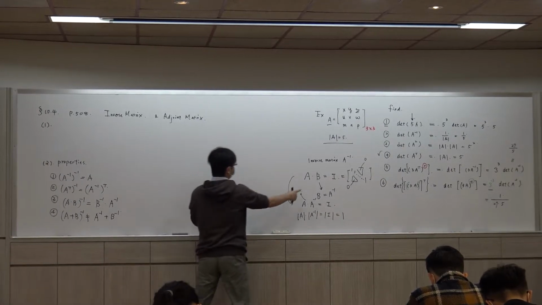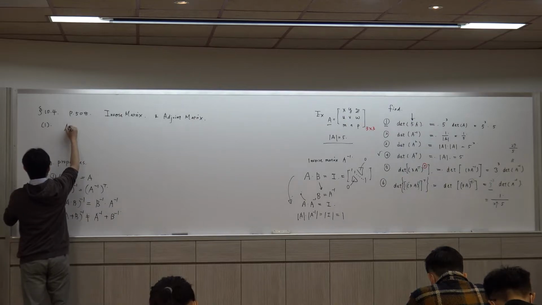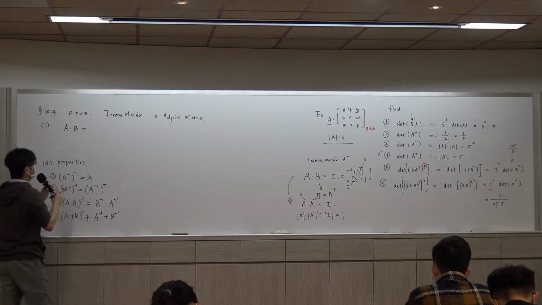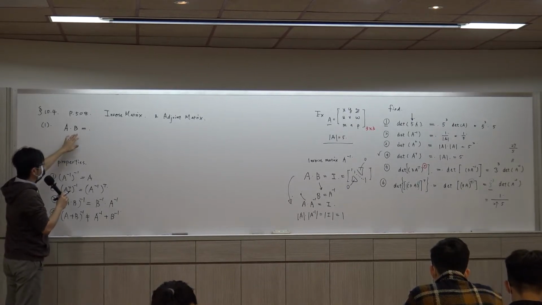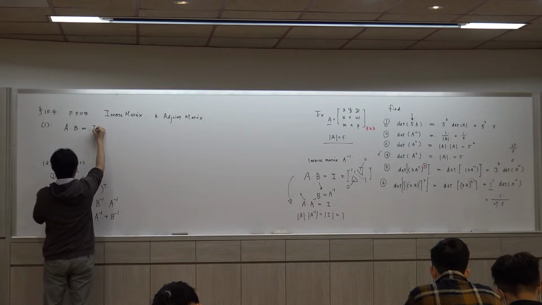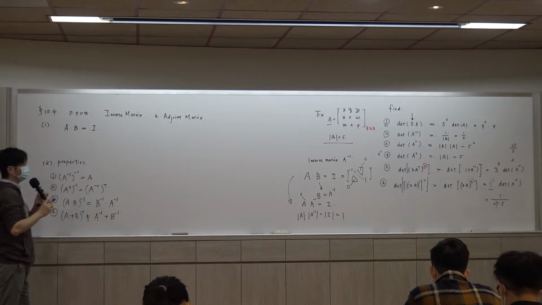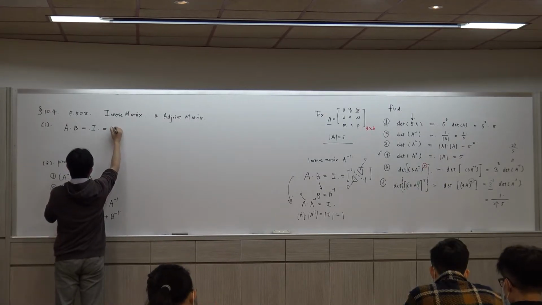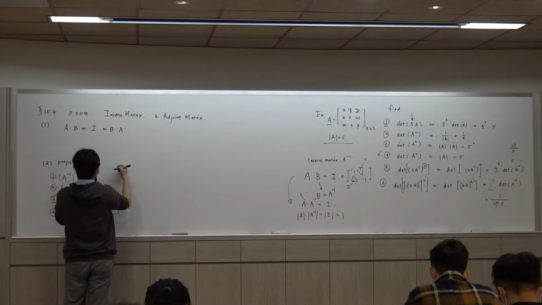As we mentioned here, for two square matrices A and B, if the A matrix times the B matrix equals the identity matrix, the unit matrix, and it equals the B matrix times the A matrix.